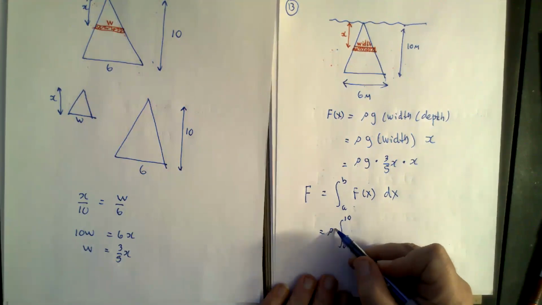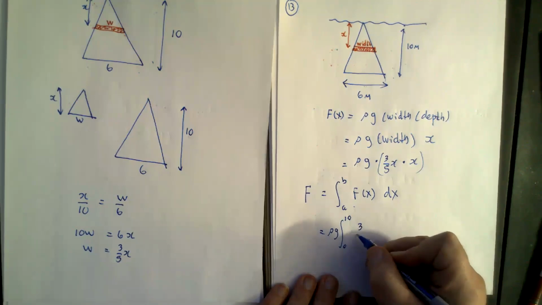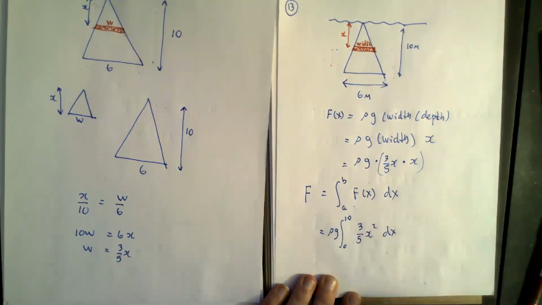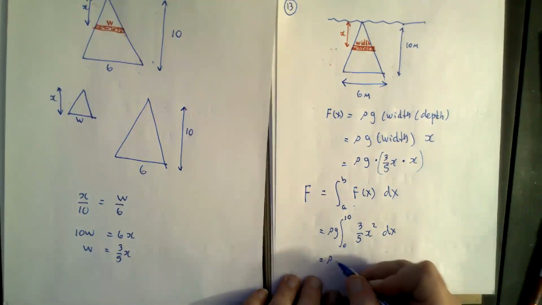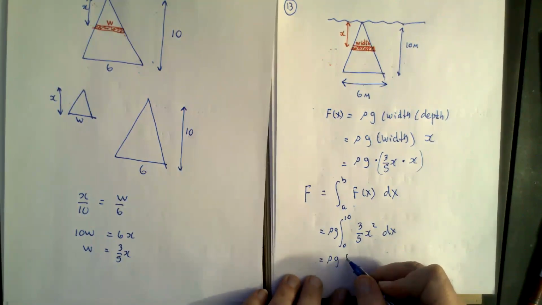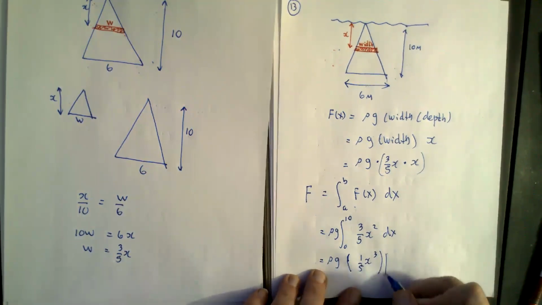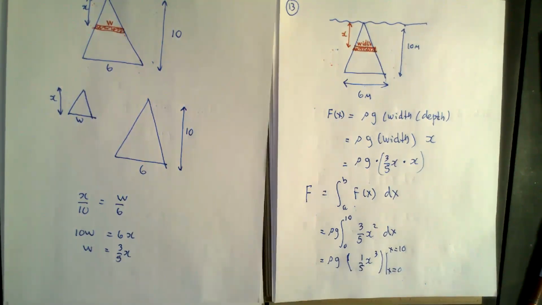This rho and g I'll pull out, and if you multiply these together, you get 3/5 x squared dx. Add 1 to the power, divide by the new power, evaluated at 0 and at 10.